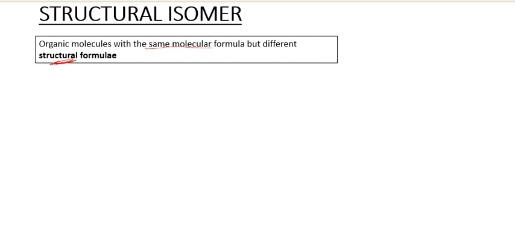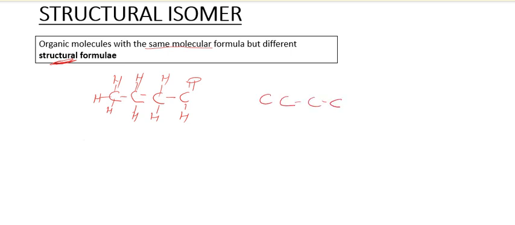Let's say we have 1 2 3 4. So we have 4 carbon atoms even here, then we also have oxygen there. Then hydrogen atoms.